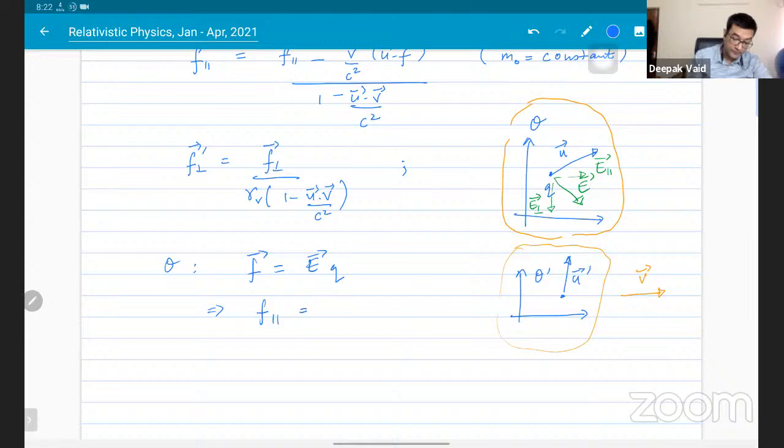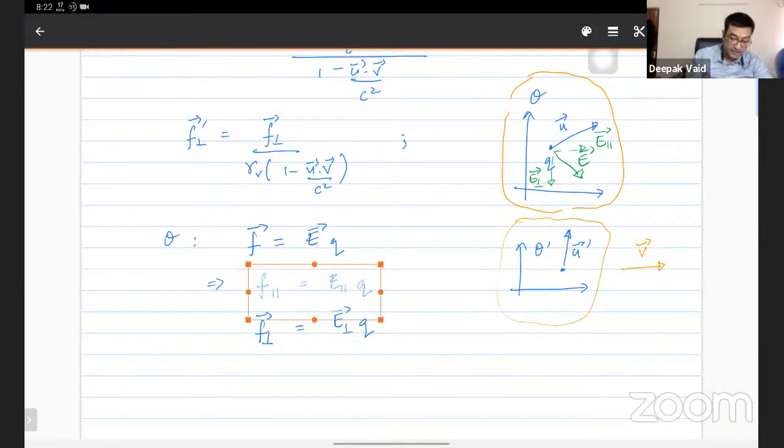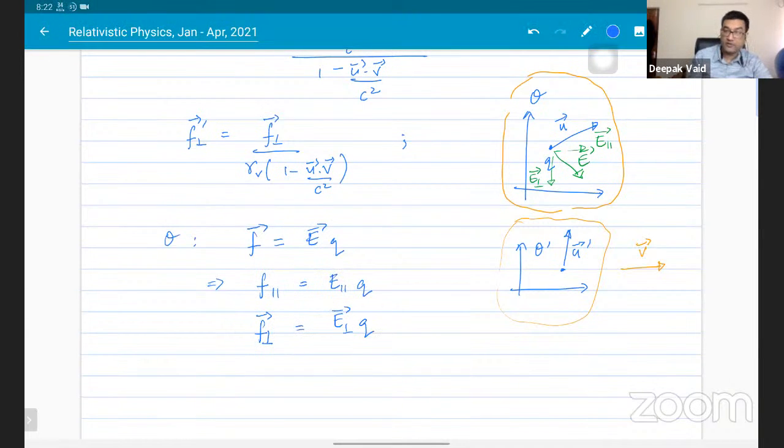So F parallel becomes E parallel times Q, and F perpendicular becomes E perpendicular times Q. I'm not putting a vector sign on the parallel because there is only one component, and I'm putting a vector sign on the perpendicular because there are two components, right? The Y and Z components.